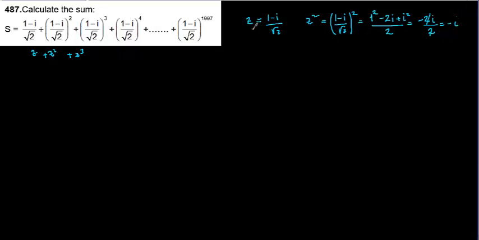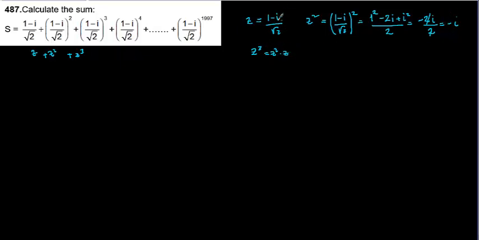So the first one is z, and the second one is equal to minus i. I cannot calculate z cube directly because I know it's not going to be a simple number like i or z. Z cube is z squared times z, and this z square is a simple number, but z is not.